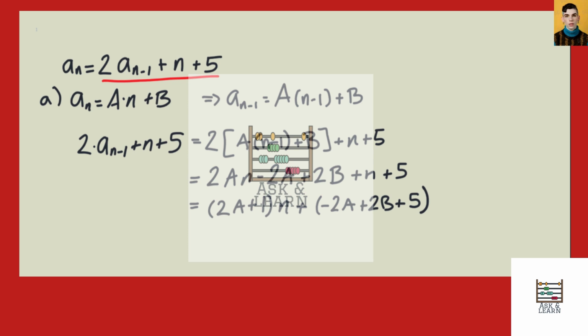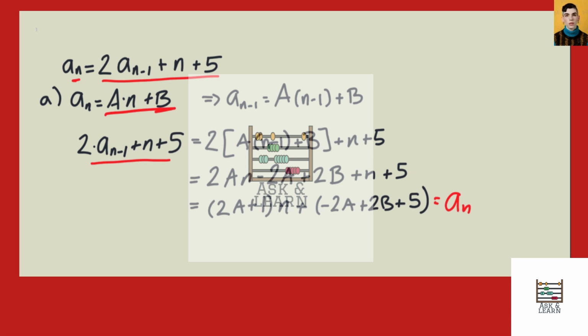Now this needs to be equal to a_n. So we started with something that's equal to a_n, and a_n, of course, is equal to A times n plus b.